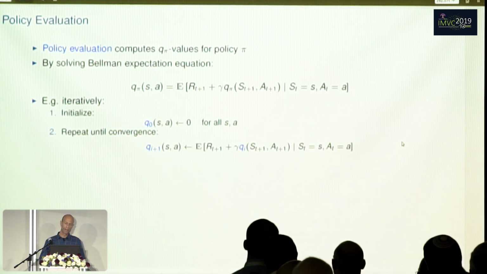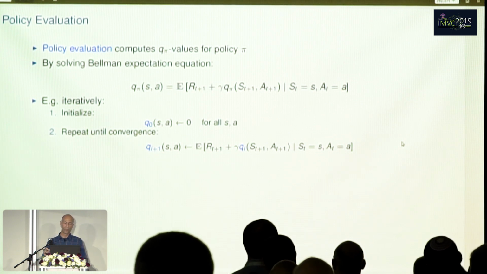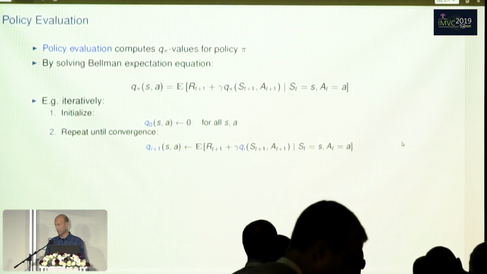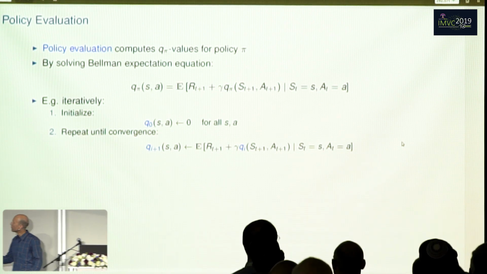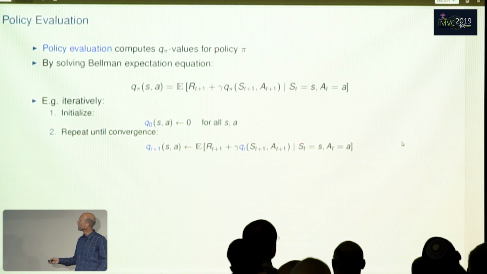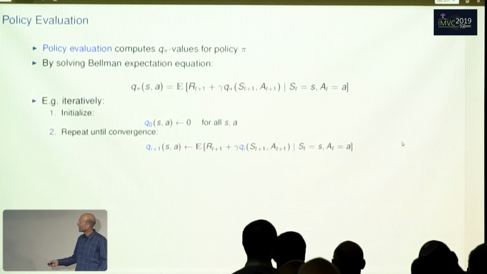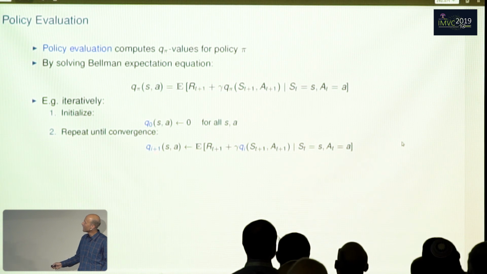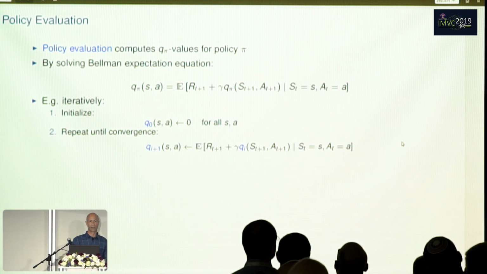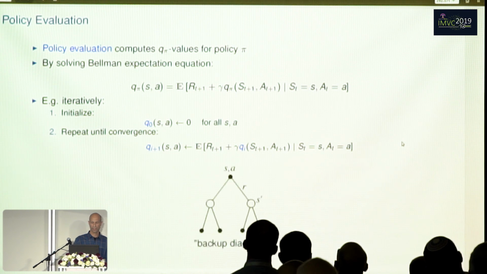And then we repeat until convergence: compute the right-hand side, the expectations, using the current estimation of Q, Qi here, and then assign it to the left-hand side to get a better estimate of Q. And if we repeat it long enough, this process is guaranteed to converge to the Q values of policy pi.